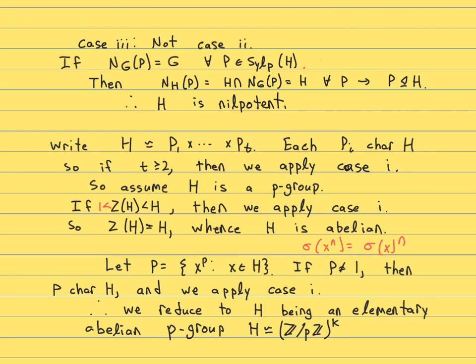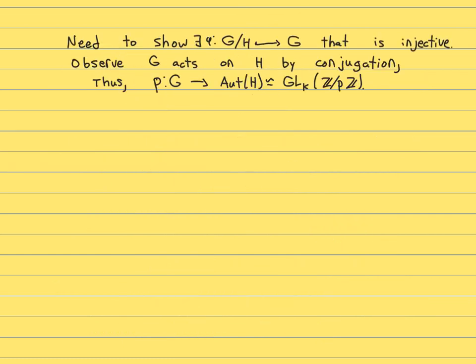So unlike the book, I didn't reduce the theorem to the case where H was abelian. I've reduced it all the way to the case where H is a specific group. It's a kth power of a prime cyclic group. So in this one remaining case, the strategy is to show that there exists an injective homomorphism from G mod H into G. That would give you a group of the complementary order.